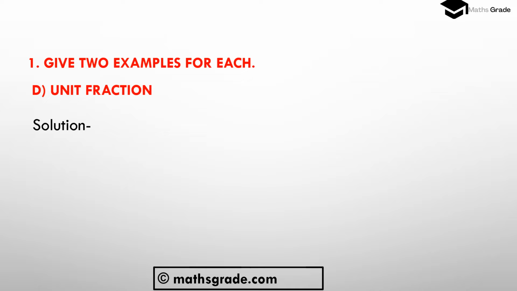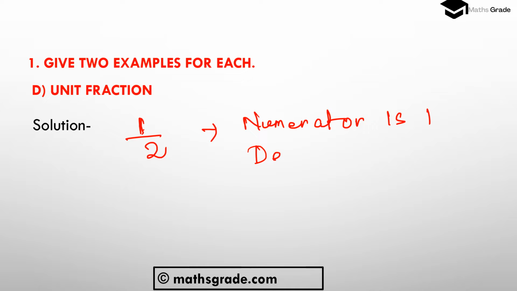Now question number 4, part D. Unit fraction. Give 2 examples of a unit fraction. We know a unit fraction is one whose numerator is 1 and the denominator is any positive integer. So 1 divided by 2. This is a unit fraction because here the numerator is 1 and the denominator is 2, which is a positive integer.